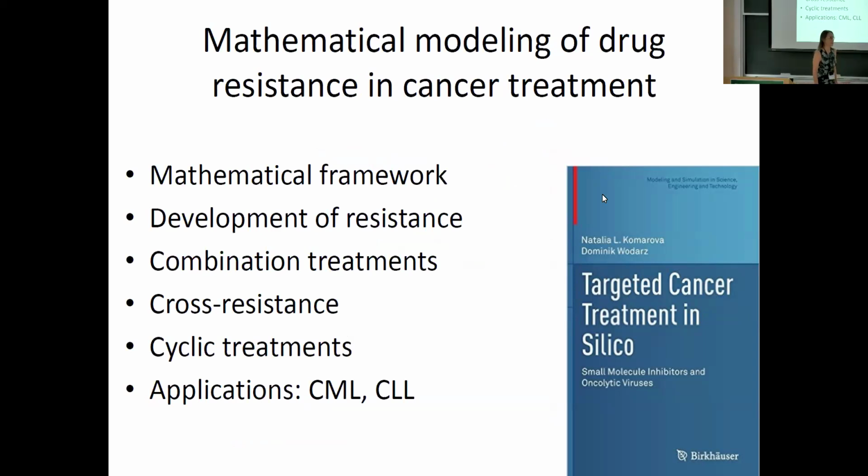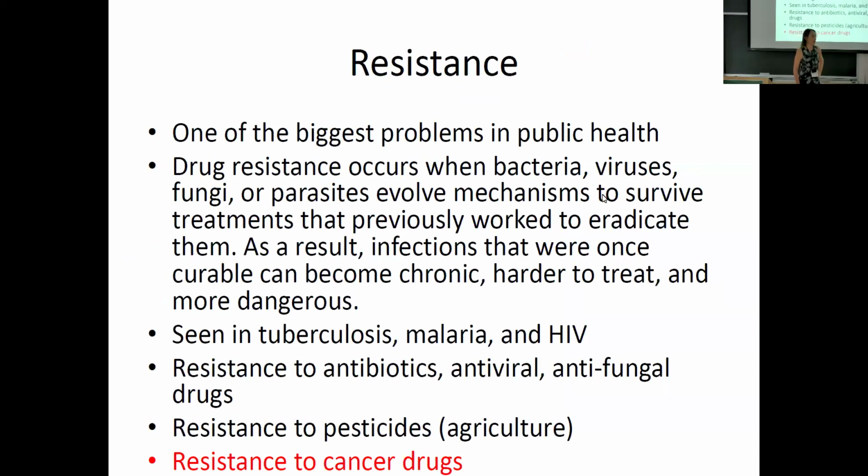And I will present an application to a specific cancer, which I think was sort of a success story, in the sense that we were able to participate in some decisions that were made in terms of treatment.